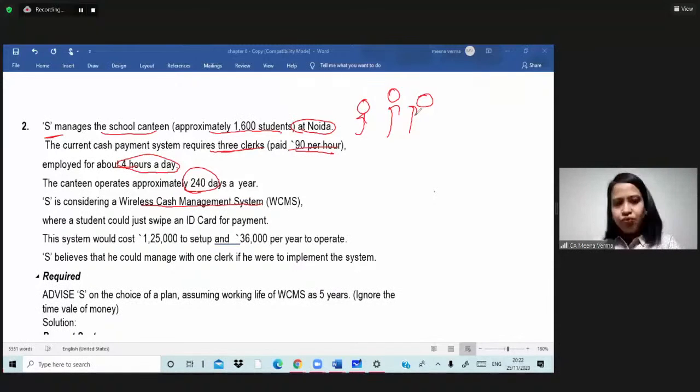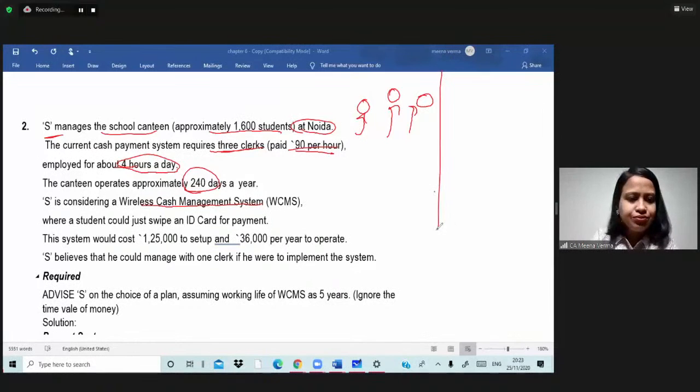That will take time. When you place an order, they calculate the amount, take your money, and then return your change. So this takes time, and that is why there is a need for three different clerks.